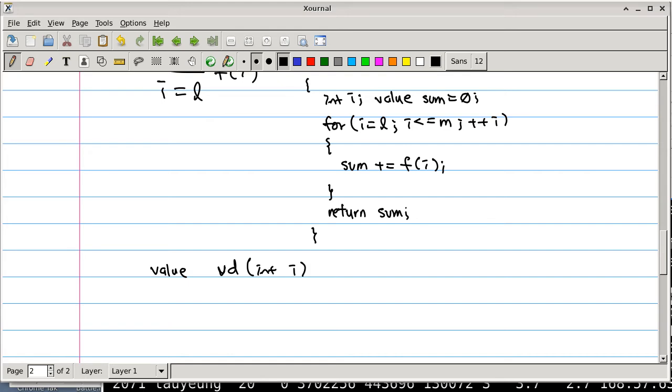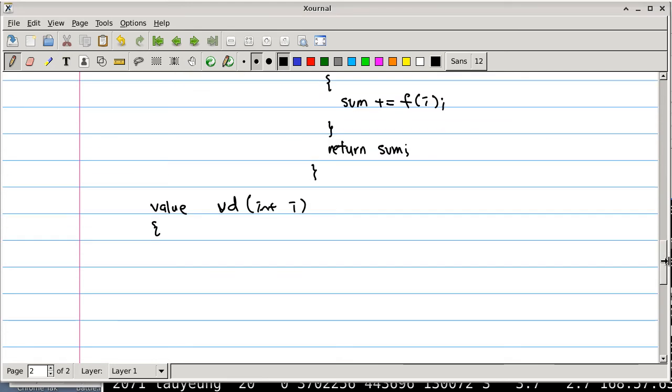I'm just gonna kludge it at this point. So VD is going to represent something like this: it's going to be D_I times B to the power of I. But since I only have one single parameter, the other two have to be quote-unquote global variables, but just consider those as global variables, okay?